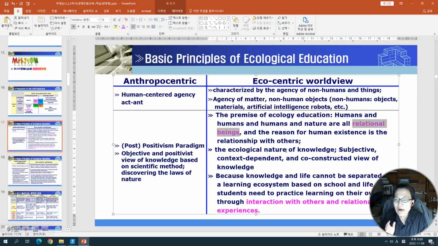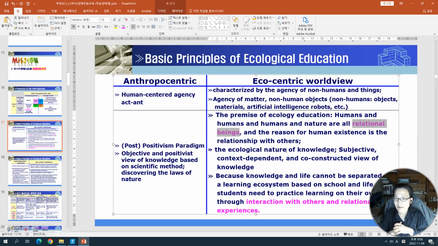I mean, we are all connected, like a system. So if one part of a whole system fails, we all fail. So if we want to overcome or respond to the climate crisis or ecological crisis, we need to act together. In conclusion, we need to acknowledge non-human beings as well as Earth itself as an agency.